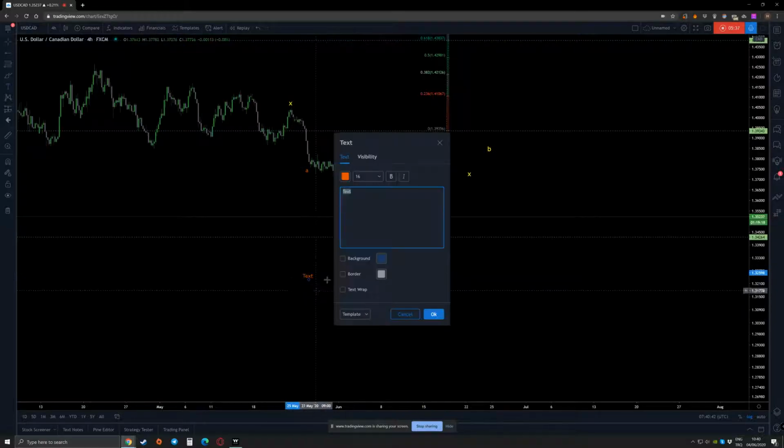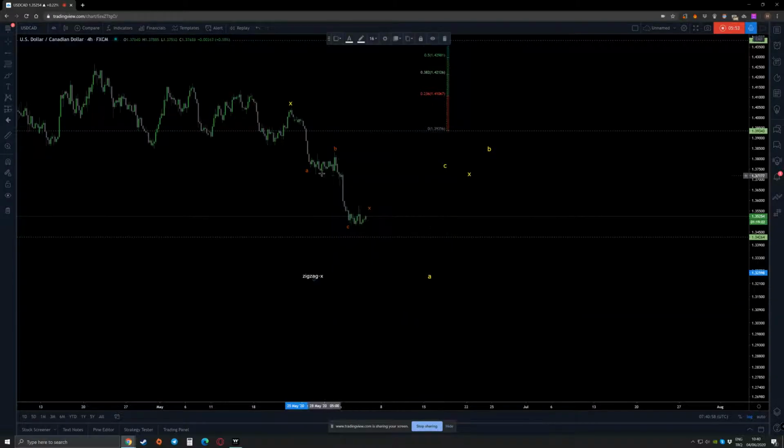Now let's write our possibilities here, because this correction has started with a zigzag. So we have a zigzag already in place. We have an X wave already in place. Where are we? Look, A, B, C, and we are doing a zigzag. Now look, zigzag, and we are doing this X wave.